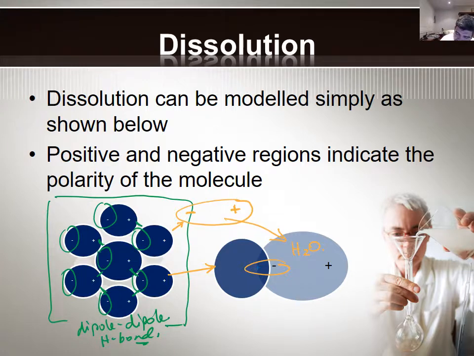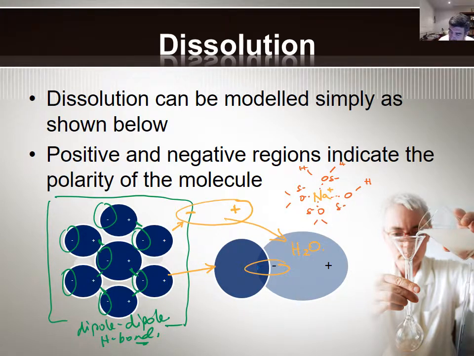So we make sure that if we're drawing, say, a cation like sodium, then the water molecules are going to be orienting themselves around that sodium in such a way that the slightly negative region of the molecule is always attracting through these interactions between the negative and the positive charges. This is the electrostatic attraction, and this is the sort of thing that we're trying to look at when we're trying to represent how substances are dissolving in water.